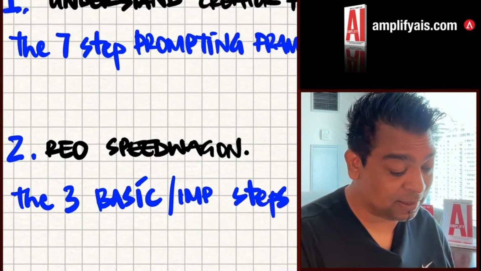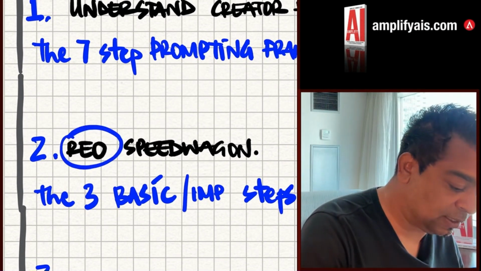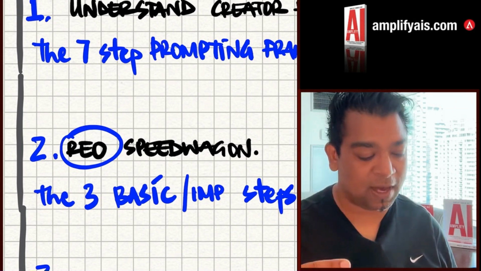What is the output that you want? Or you want it output in bullet point format, or output like this. So what is the final representation and structure that you want to see from the prompt? So that is the second piece here, which is REO. This piece here is the second, third, and sixth step of the creator framework.